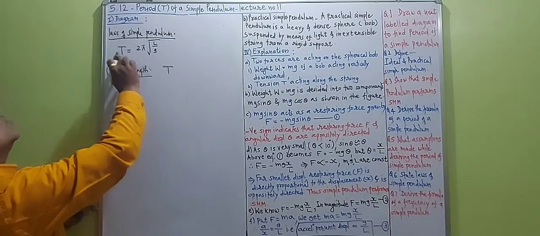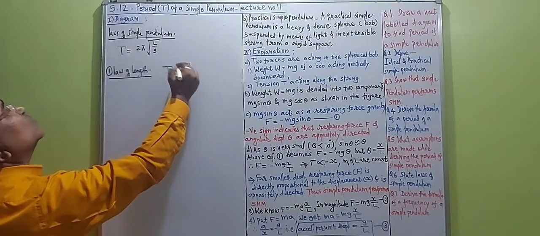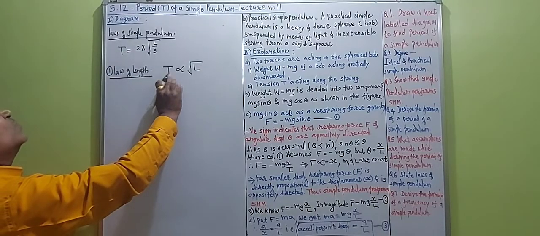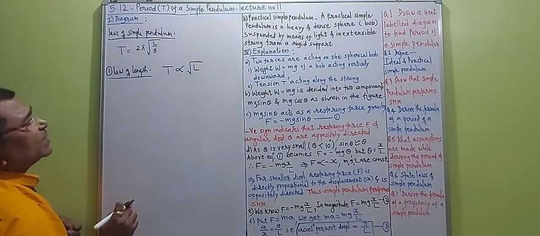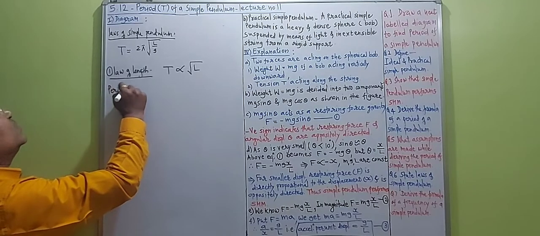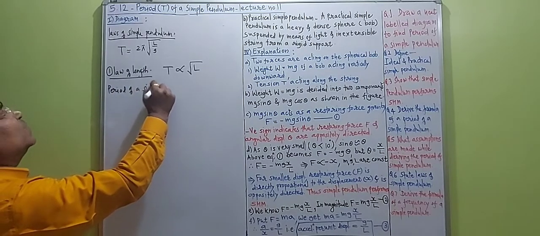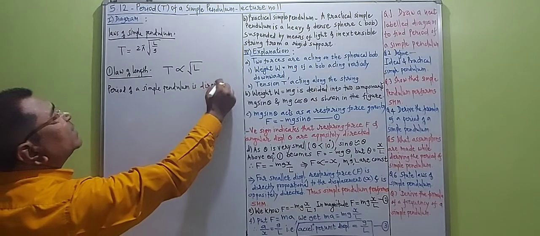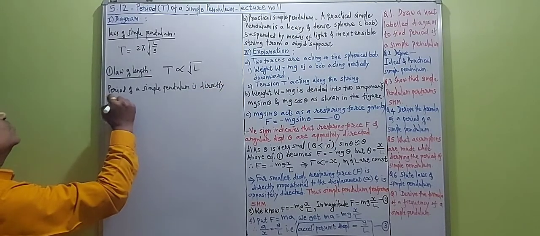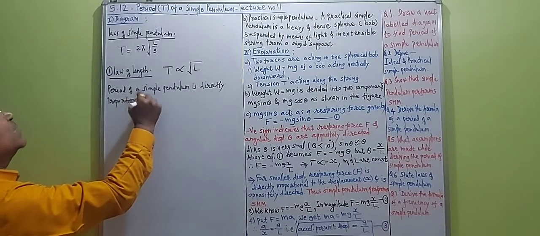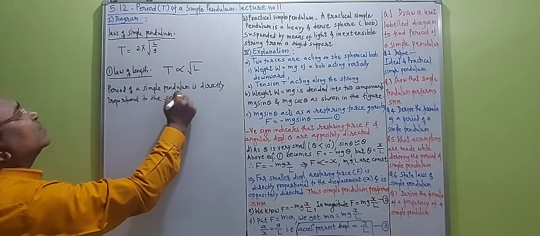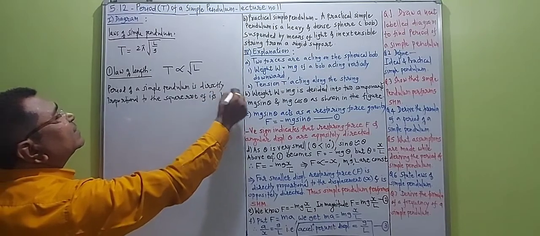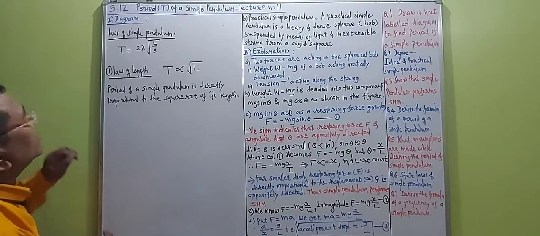While stating the law of length, we can write T is directly proportional to root L. That is, period of a simple pendulum is directly proportional to the square root of its length. That is law of length.